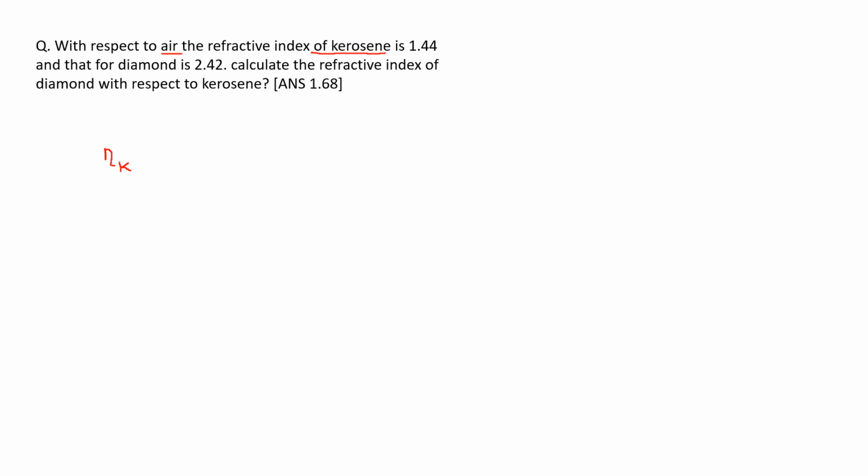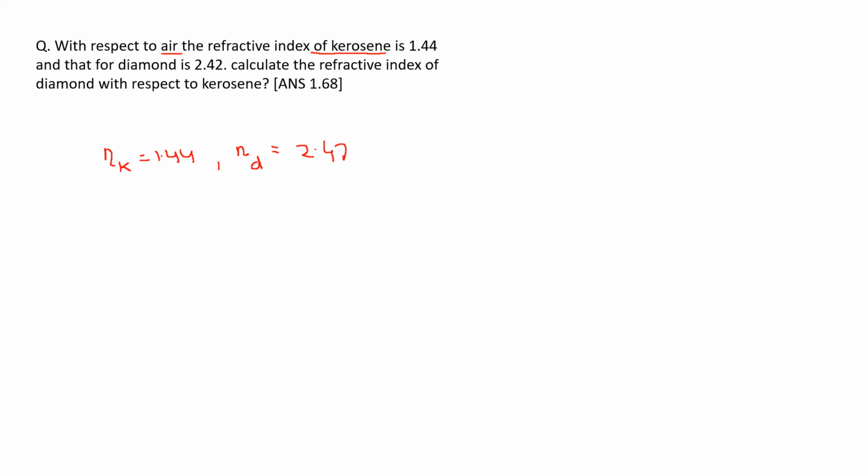Whenever you compare the refractive index of a medium with air, it is the absolute refractive index. So the refractive index of kerosene is 1.44, and that of diamond, I have written D, is 2.42.